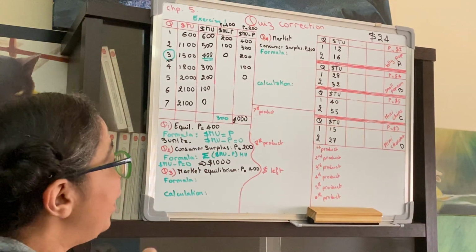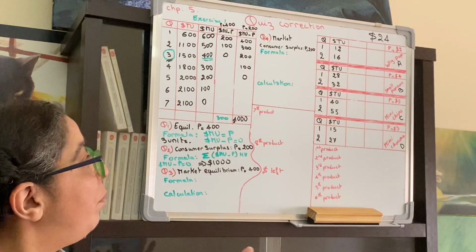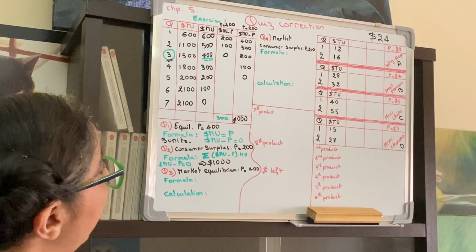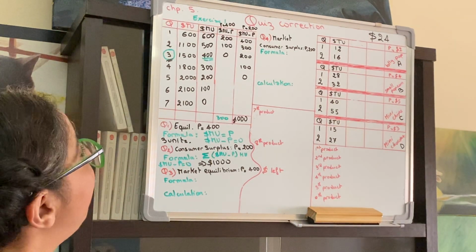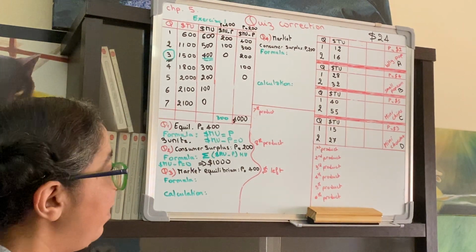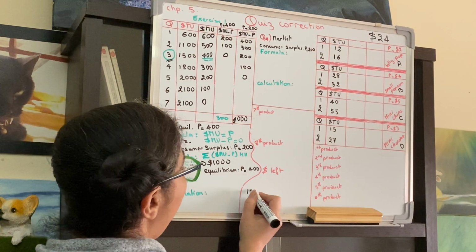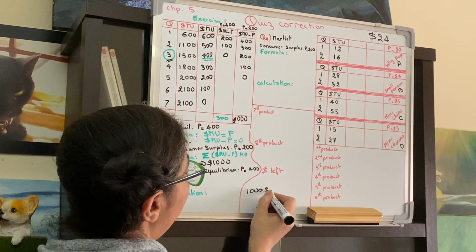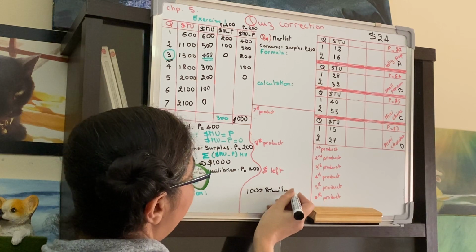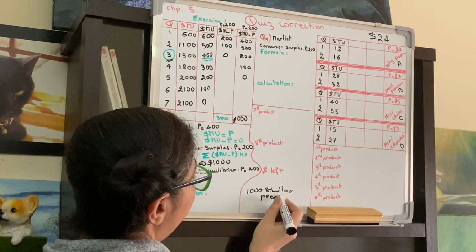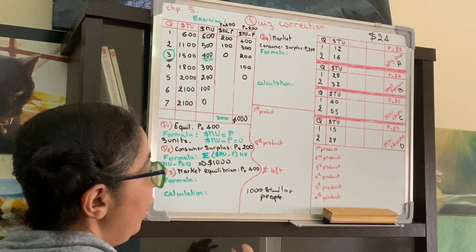So if we are 1,000 people in the market size, here in the exercise, I have given you that the market size is 1,000. 1,000 similar people in the market.